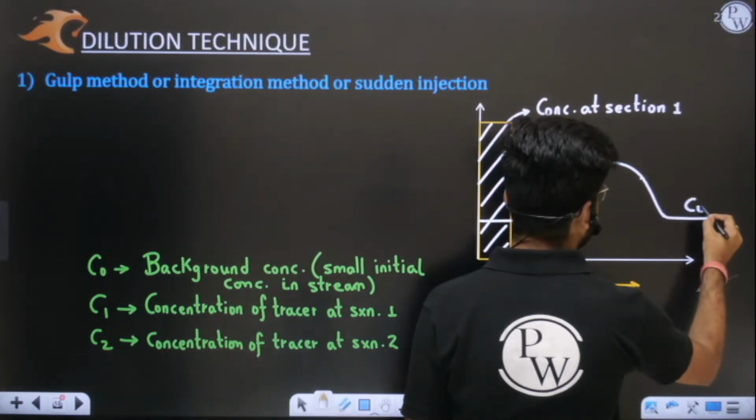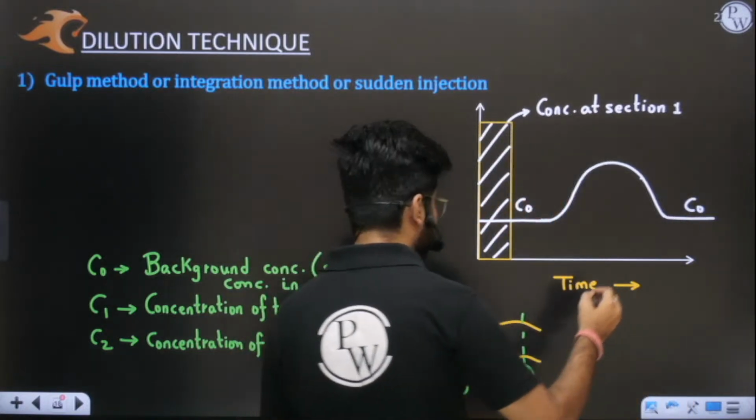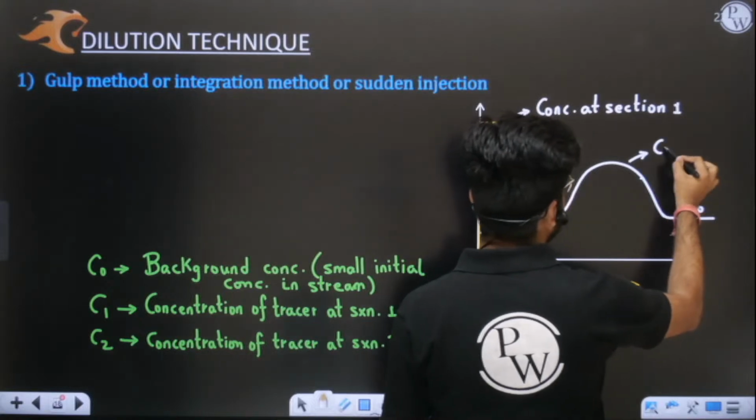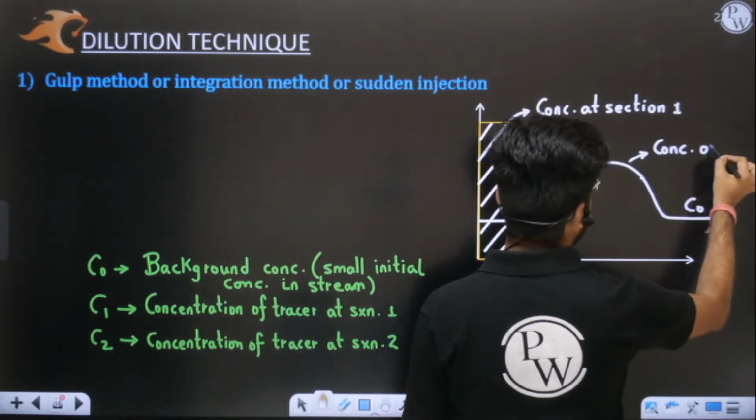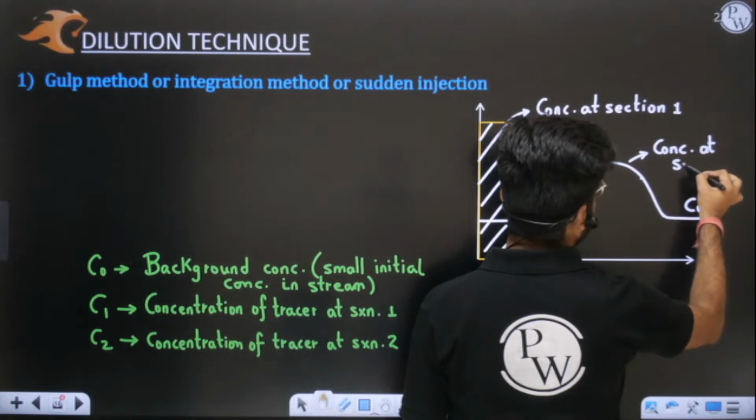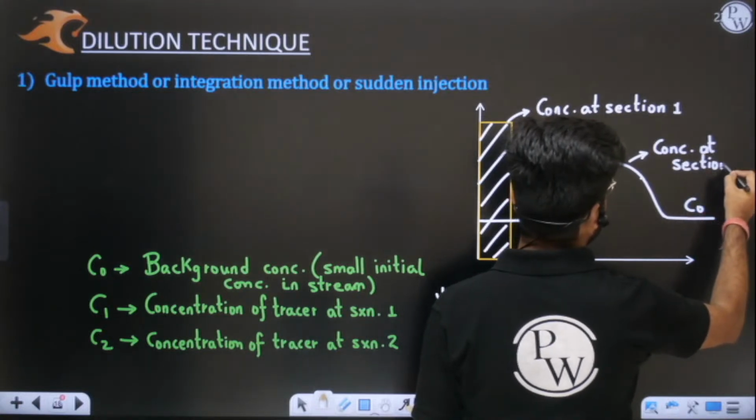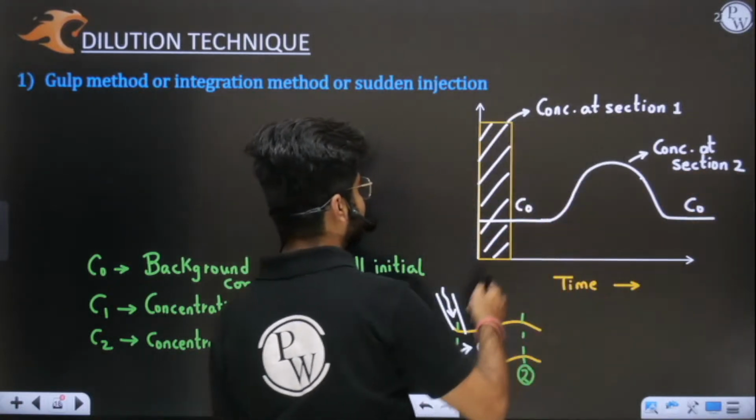So this is the graph of the concentration of tracer at section 2.